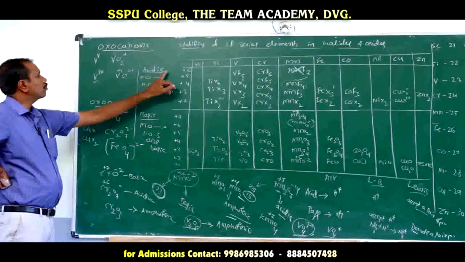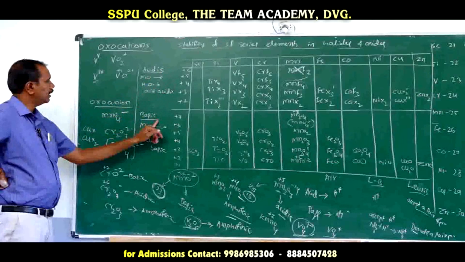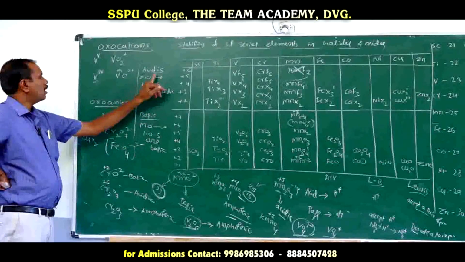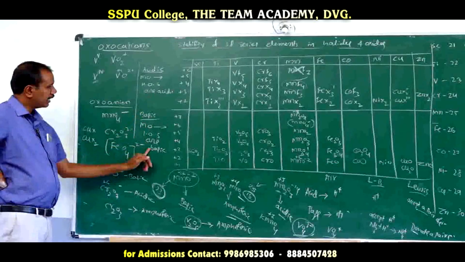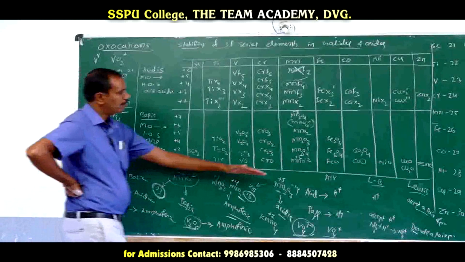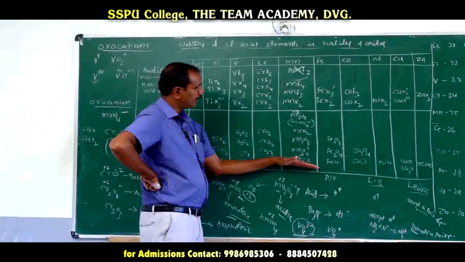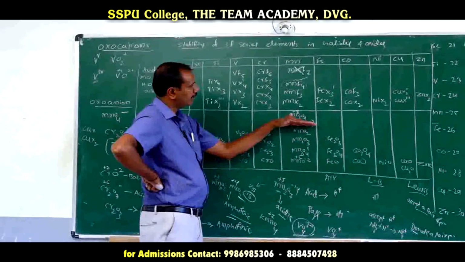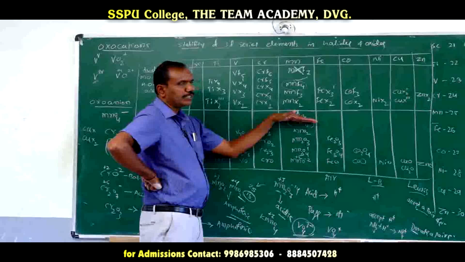So we can explain why some compounds, the oxides, can act as acidic and basic. Metal oxides having a higher oxidation state are acidic, and metal oxides in the lower oxidation state are basic. MnO is basic, but Mn2O7 is acidic.